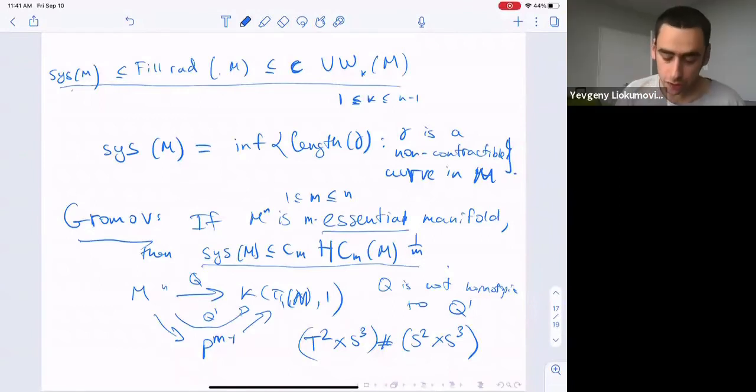Right. So there was a question of how this depends on the dimension in the original Gromov's question. And I think the original Gromov's constant was super exponential in the dimension. And then eventually there was a series of improvements by different people.